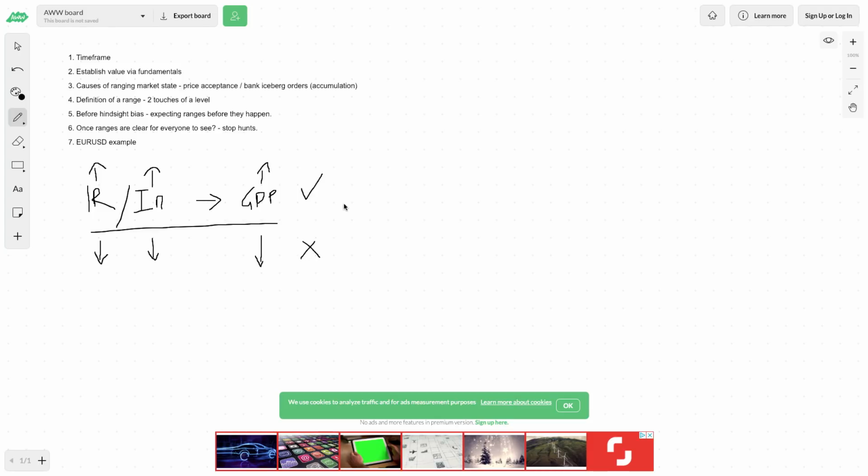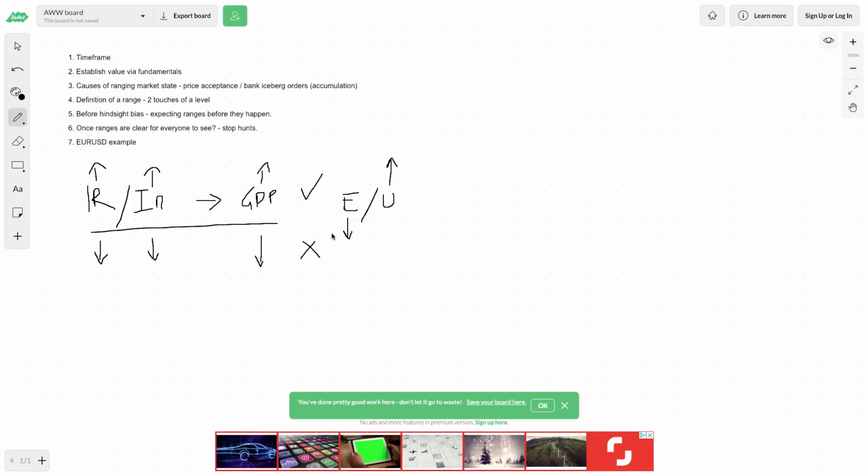And as currencies are traded in pairs, like EURUSD, euro dollar, if the euro is struggling with inflation and GDP, and the dollar is growing in GDP and inflation and raising interest rates, you should expect a trending market.